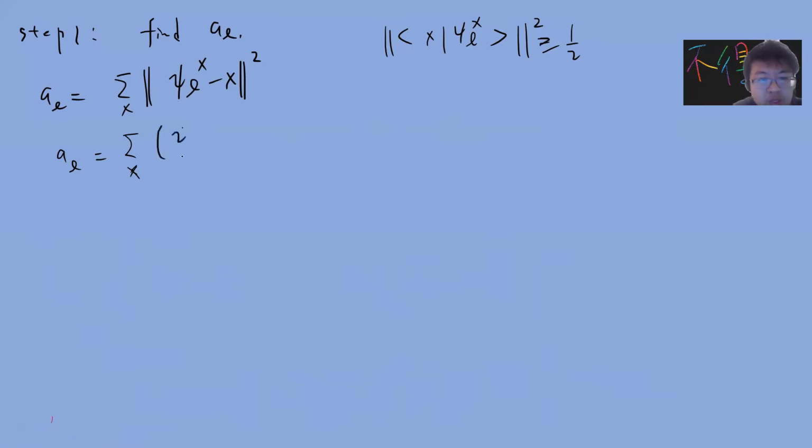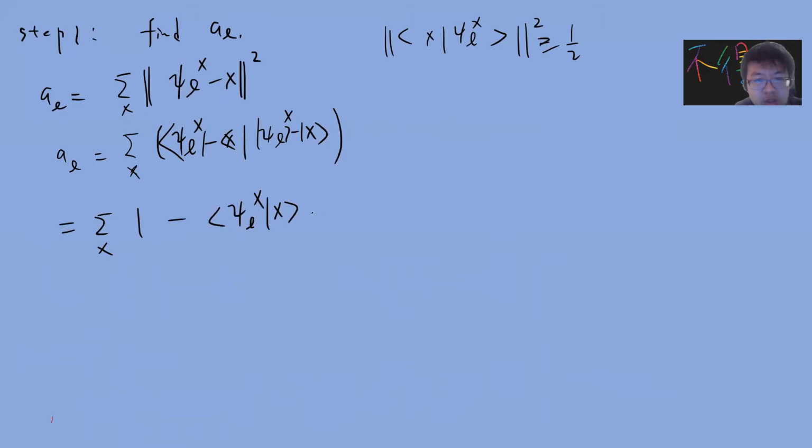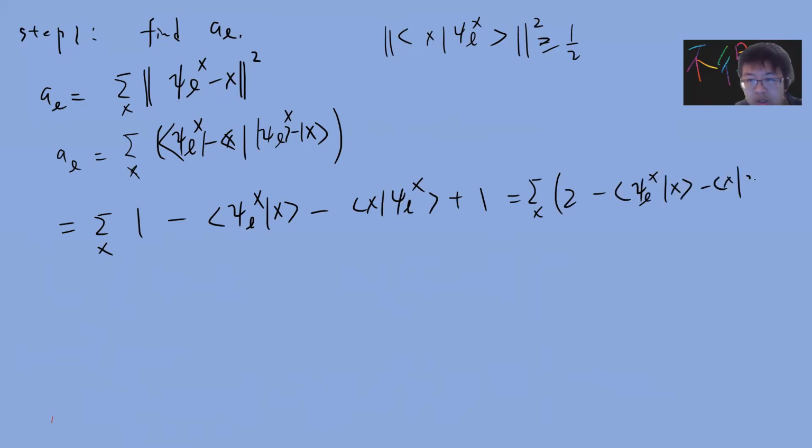So it's psi L x minus x, and psi L x minus x. So it's x1 minus psi L x, x minus x psi L x 1, the summation of x2 minus psi L x minus x psi L x.